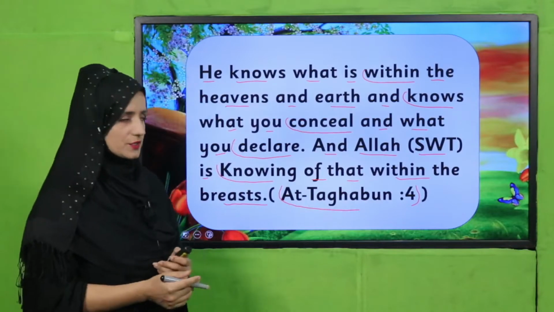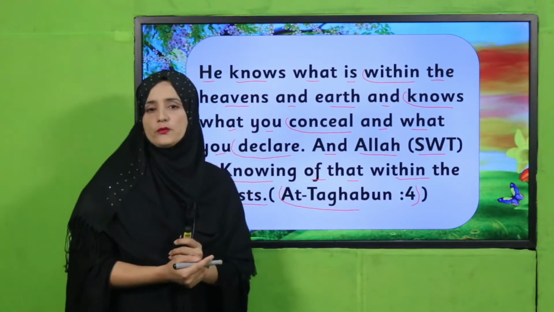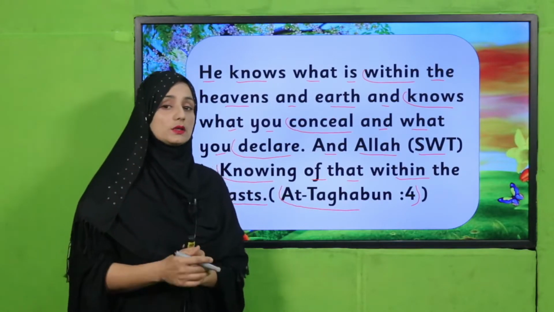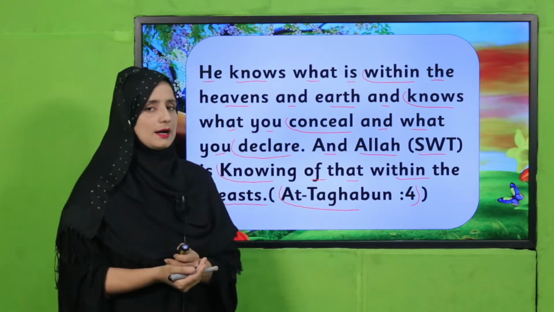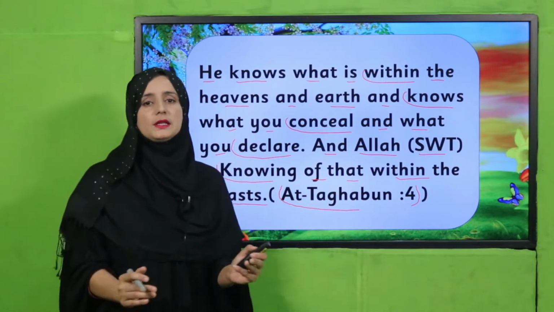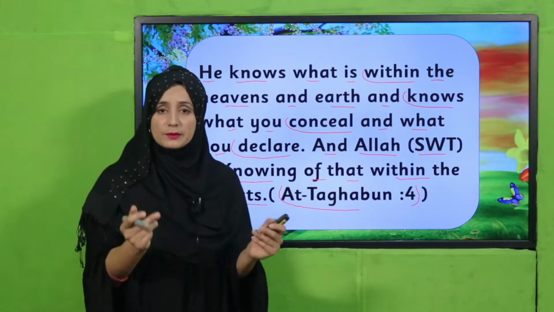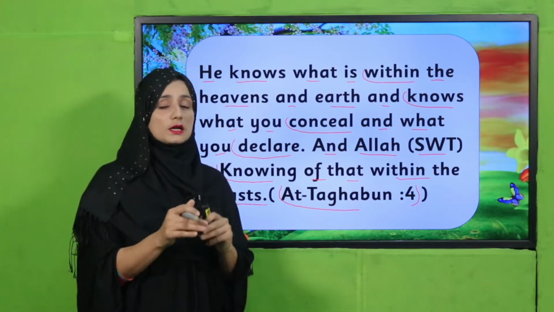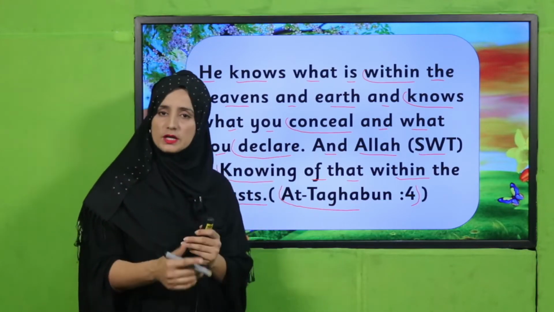Yes, my dear students, this beautiful verse is telling us about the attributes of Almighty Allah, that He knows everything, even that which is in our heart, in our mind, even what we conceal from people, even what we declare.